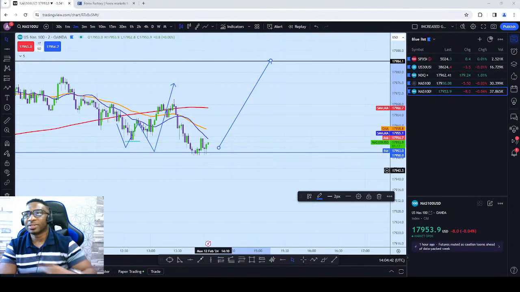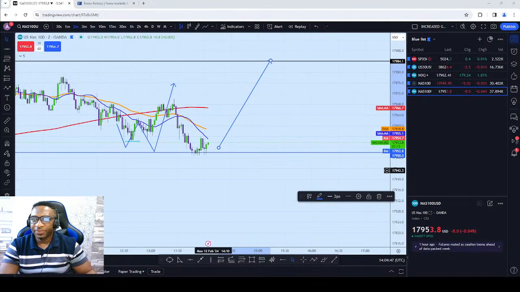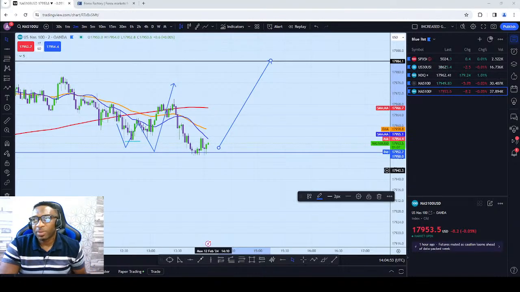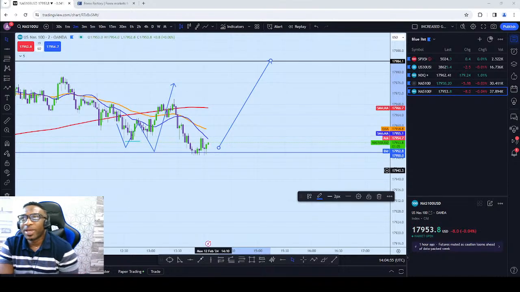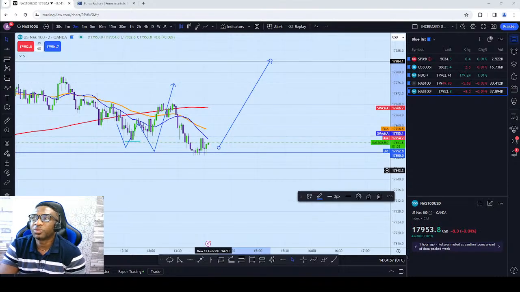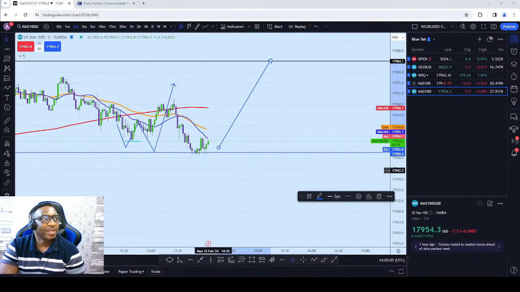So in case it doesn't go well, we are safe with the stop loss that we put in to protect our accounts. Then when we get a very good run, we make all those drawdowns back. So this is what is called trading. This is not investment. This is trading.